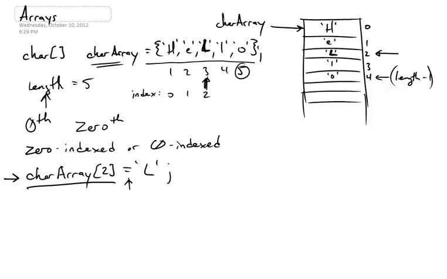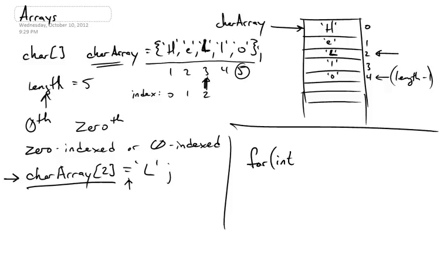So in code, we'd have to start a for loop, right? So somewhere you've got a method, you got your main method, and you start a for loop. So you're going to need some kind of counting variable, some kind of index on your for loop so that you can loop on it, right? Well, I'm just going to use i because it's short, and I'm going to set it equal to 0 to start off with.